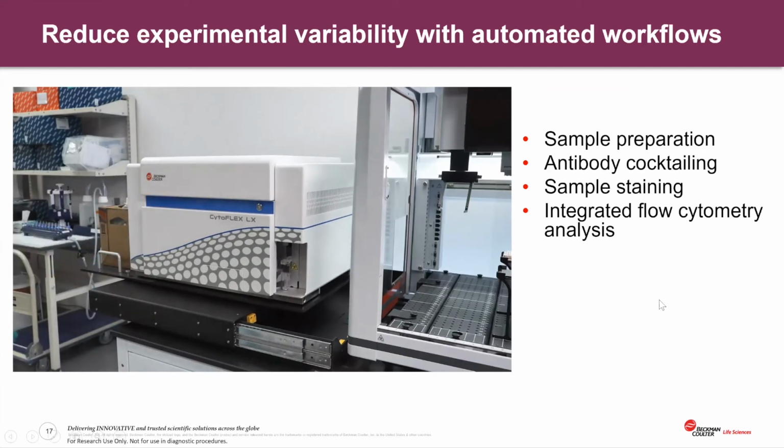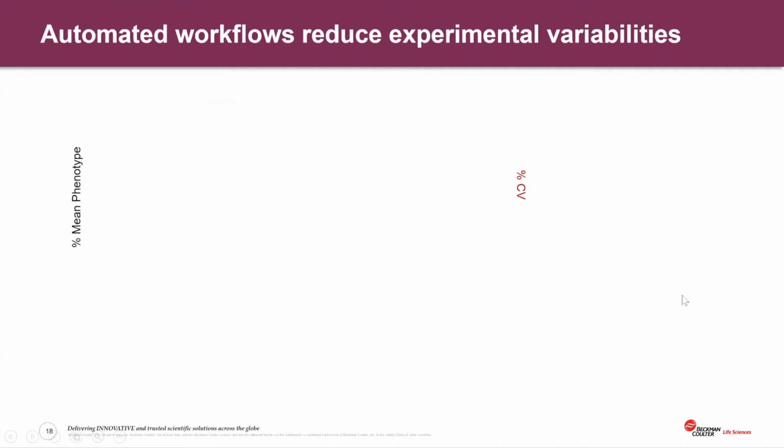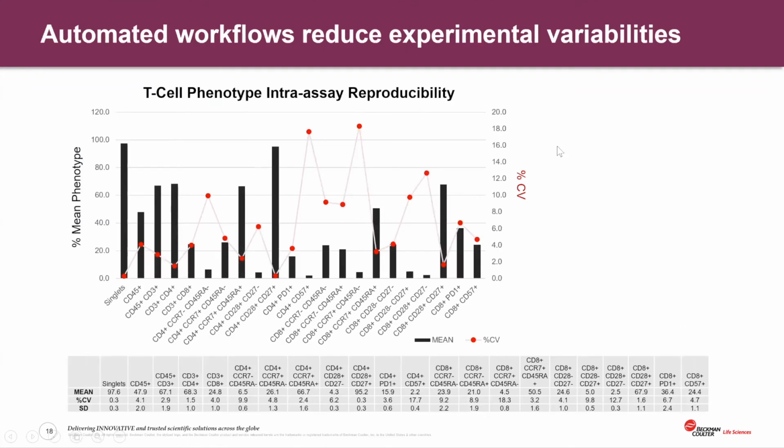Now, what's important in terms of the actual workflows is that the automated workflows do reduce experimental variability. And what I'm showing you here is a graph and the analysis of the T cell phenotype in terms of the intra-assay reproducibility with respect to the mean phenotype when we just looked at the T cells and specific populations of the T cells, and then the percent CVs.